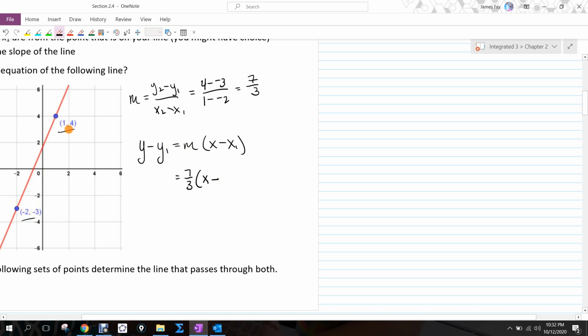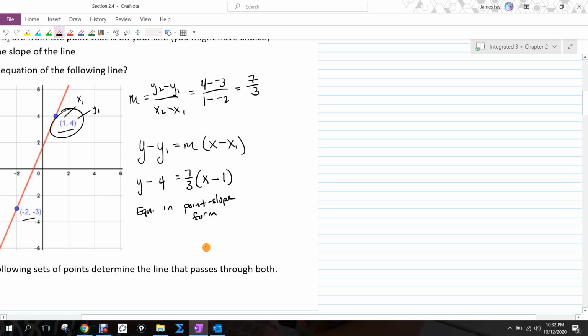Now I just have to choose one of these points, and it doesn't matter which one you choose. Let's say I choose that one. X was 1, so this is my x1, and this is my y1. So then I have y minus y1, which is 4. That's an equation in point slope form.